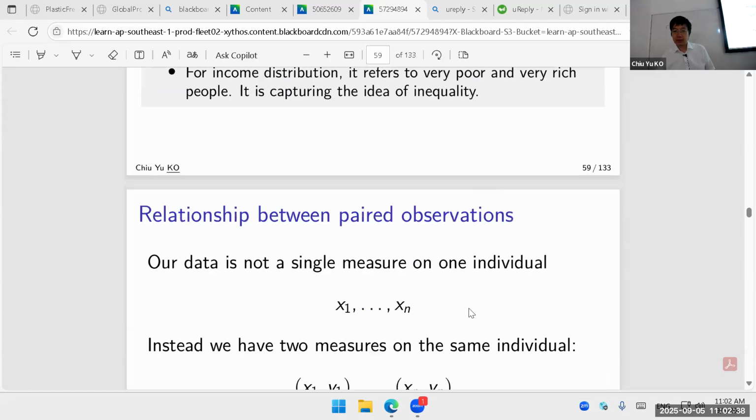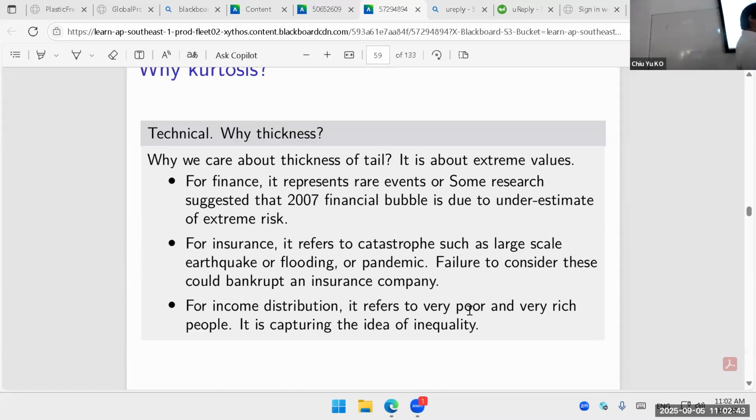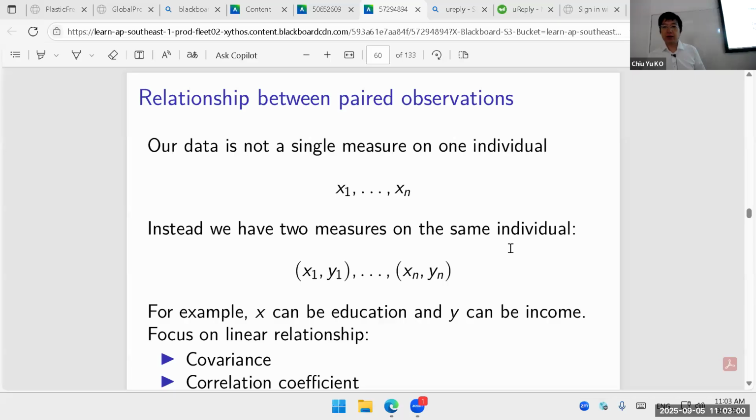As I also said, kurtosis measures extreme risk as well. So that's why you have to check the kurtosis if you want to invest, because it's not just the mean and variance that matter. The extreme risk also matters. So kurtosis is one way to measure it.